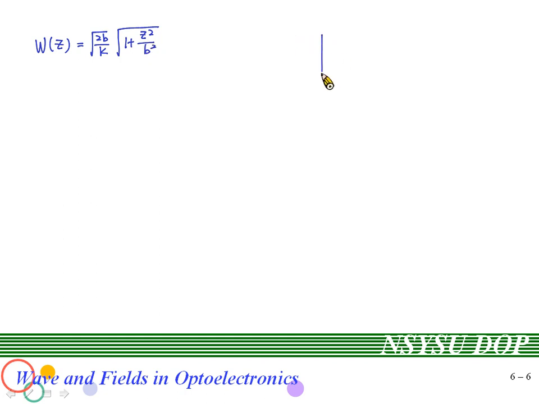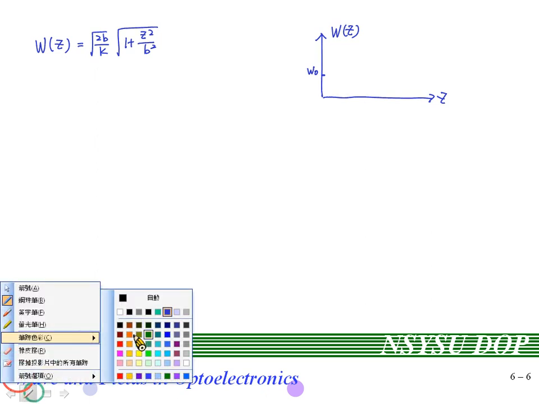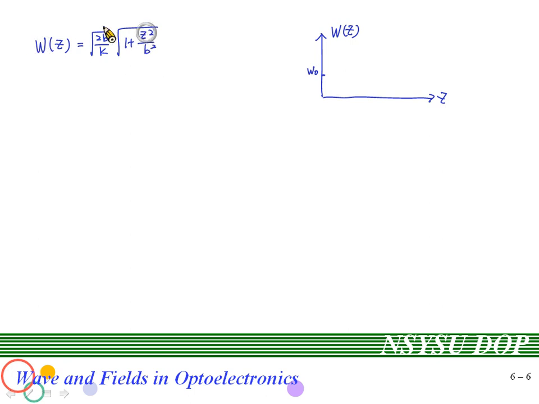So if you plot the capital W of z, the beam radius, with respect to z, we have said that you will have a minimum at z is 0, right? And then, according to the expression here, you will see the capital W of z will increase as we increase the value of z.